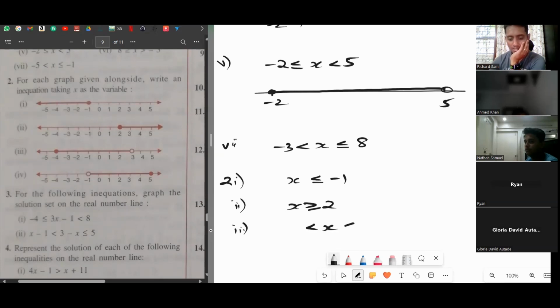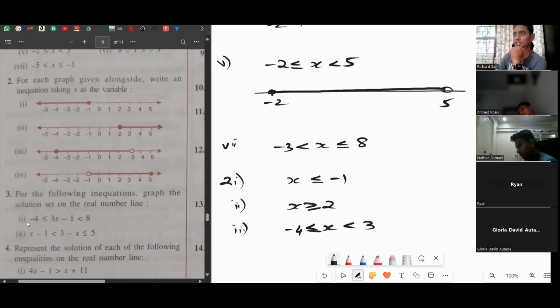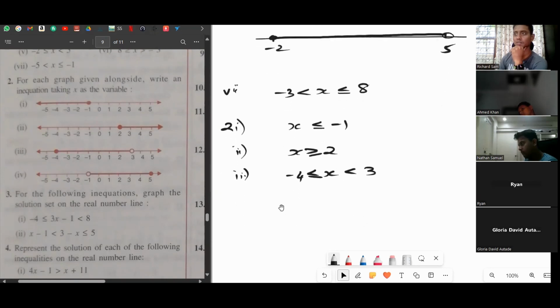So where do you start? -4 less than or equal to, it's a black dot, so it's included, right? So -4 less than or equal to x less than 3. You got it? Tell me the last one, Leah.